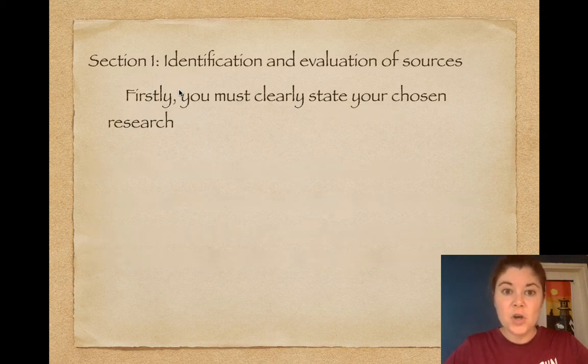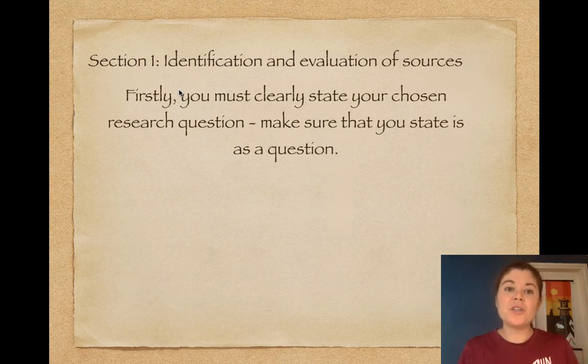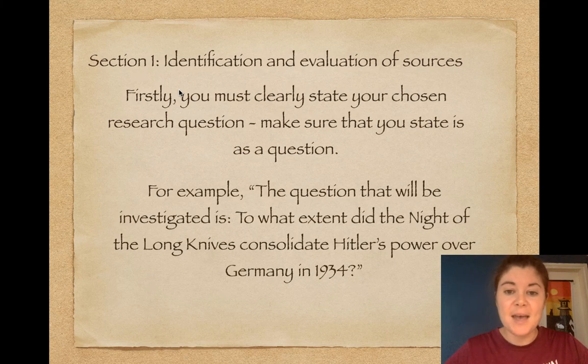Okay, now we're going to think about when you are writing this section. Firstly, you must clearly state your chosen research question. And you have to make sure that you state this as a question. It's a simple thing to do, but the IB specifies that you need to state it as a question. So here is the example.